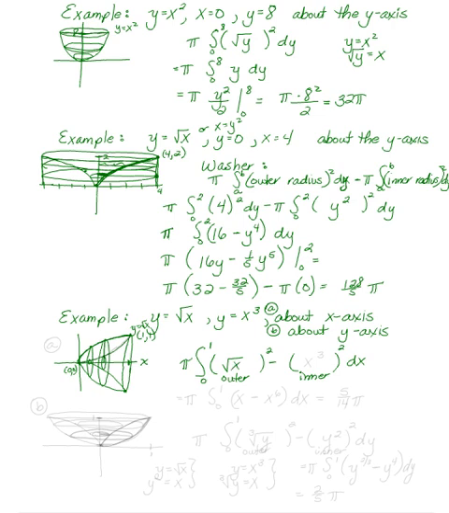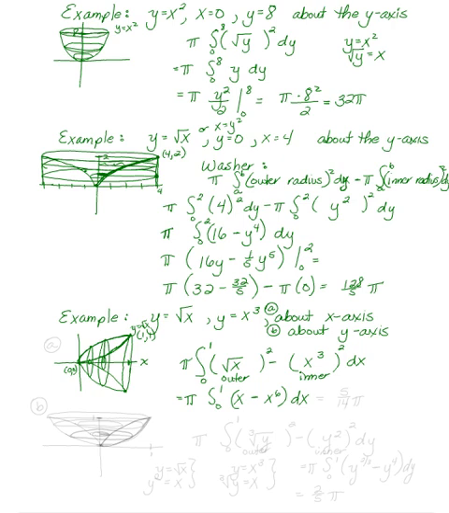Our inner radius is this function that's right here, and that function was y equal to x cubed. So our inner radius is going to be given by x cubed. And so the integral we really want to do is pi, integrating from 0 to 1, the square root of x squared, which is x, minus x cubed squared, which is x to the 6th, dx.